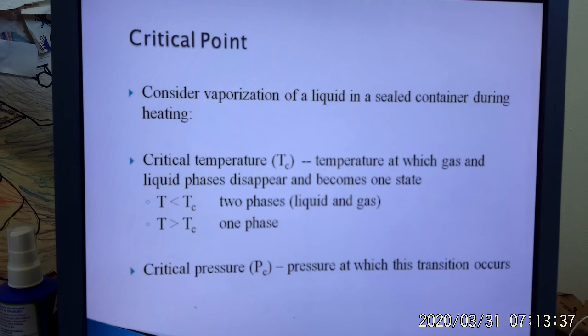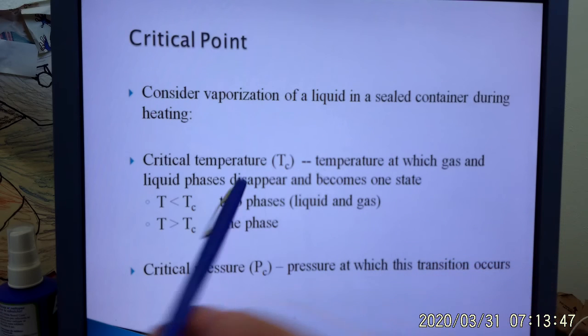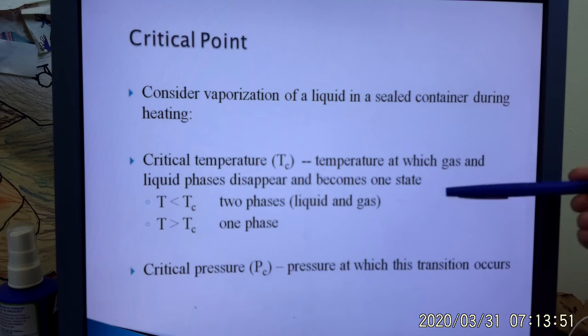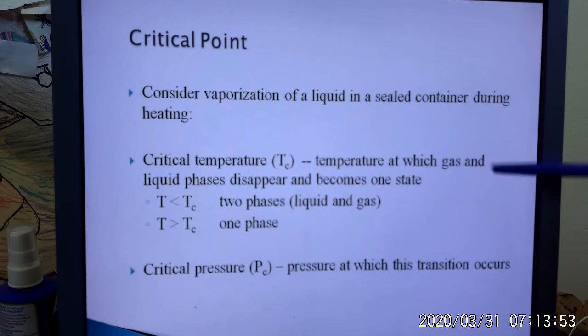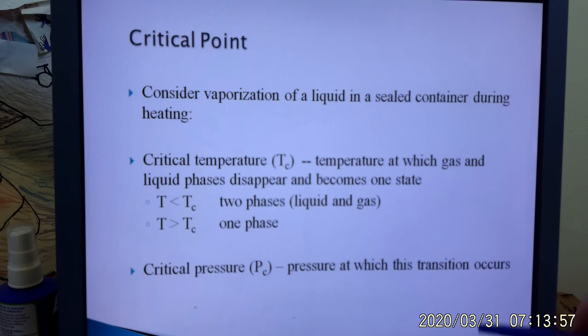Okay. Another factor we need to take into account is called critical point. This is where vaporization of a liquid occurs in a sealed container. When we have a container, you can see two phases: you see your liquid state and you've got your gas state.